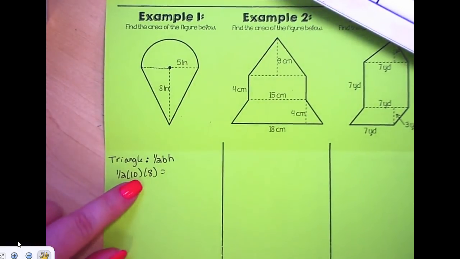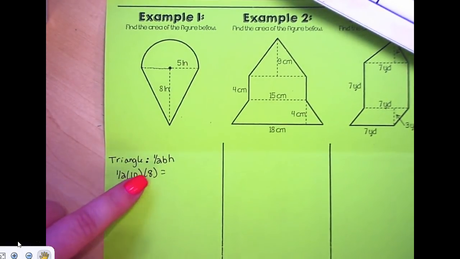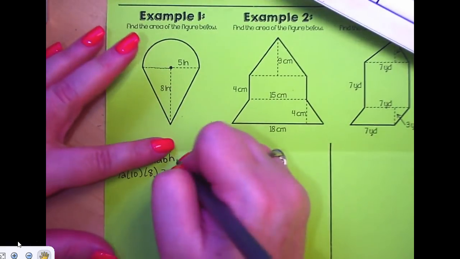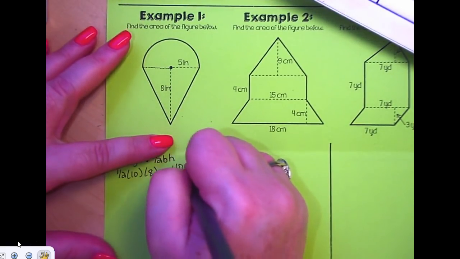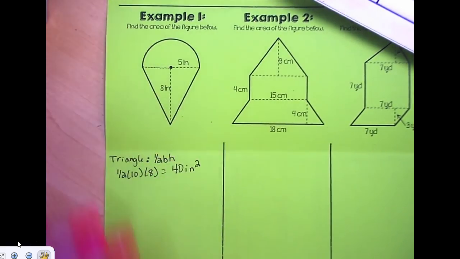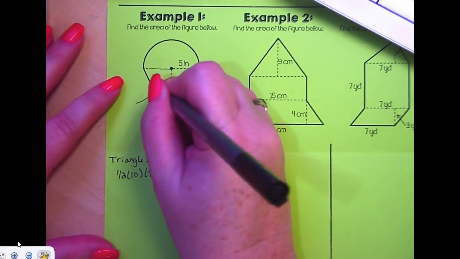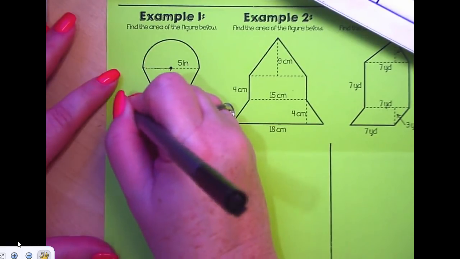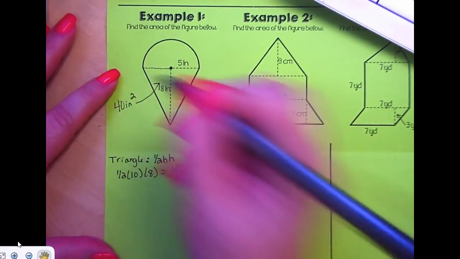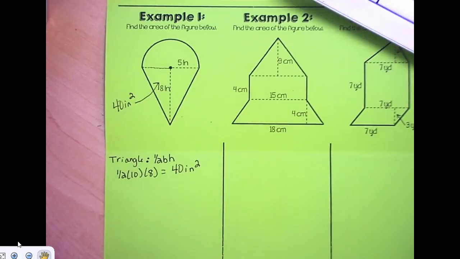And 1/2 of 10 is 5. And 5 times 8 is 40. 40 inches squared. That's the area of the triangle portion.